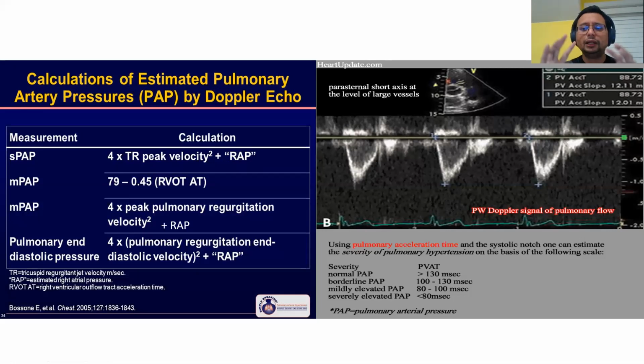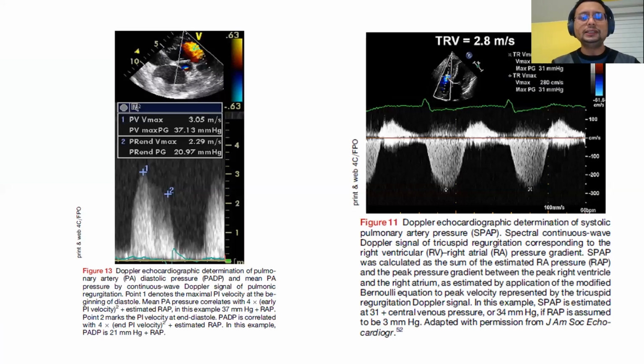So remember, few things that you need to remember. Measure the systolic pulmonary artery pressure from peak TR gradient, diastolic pulmonary artery pressure from end-diastolic PR gradient, mean pulmonary artery pressure from peak PR gradient. This is an example of someone with pulmonary regurgitation.